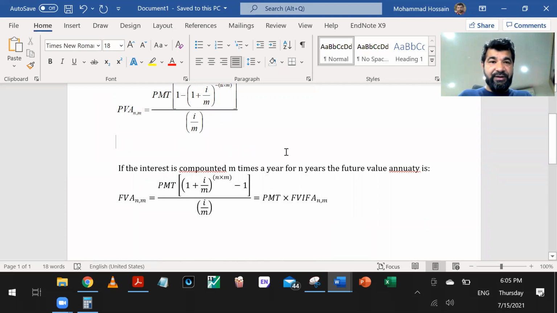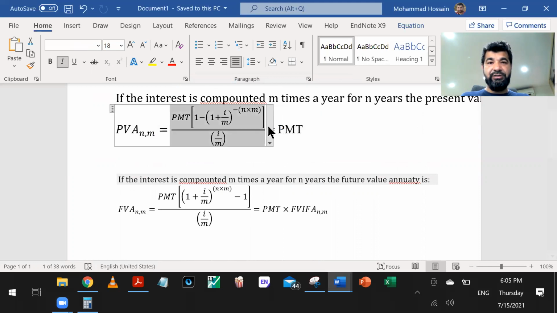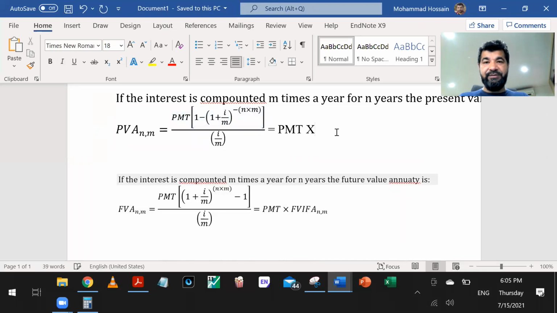You can say that this is equal to payment multiplied by the present value interest factor annuity.